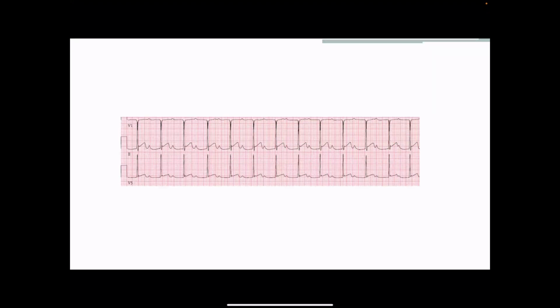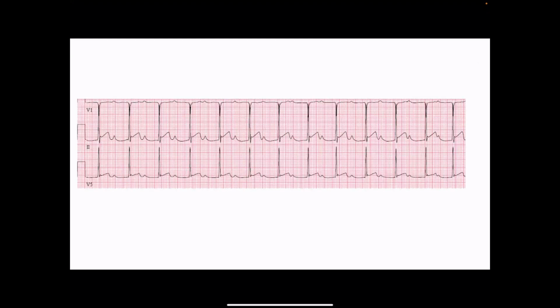What about this one? First degree heart block. Okay, how did you figure that out? Because there's a long PR. Exactly. And it's the same, it doesn't get more and more. It's a fixed PR. So if you look at the PR interval, it's really long.